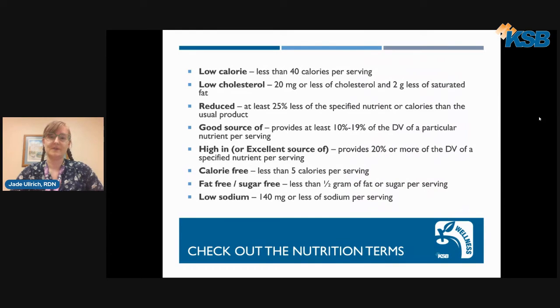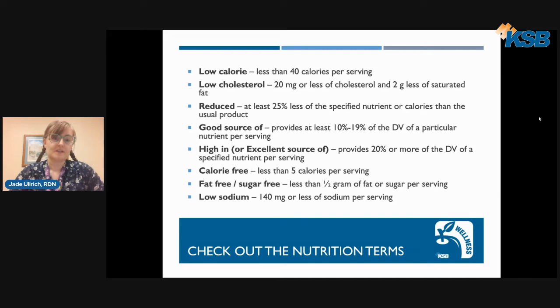Next are a few specific examples of these nutrition terms so you know what to look for on nutrition labels. We have low calorie, which is less than 40 calories per serving. Low cholesterol is 20 milligrams or less of cholesterol and 2 grams or less of saturated fat. Reduced means at least 25% less of the specified nutrients or calories than the usual product.